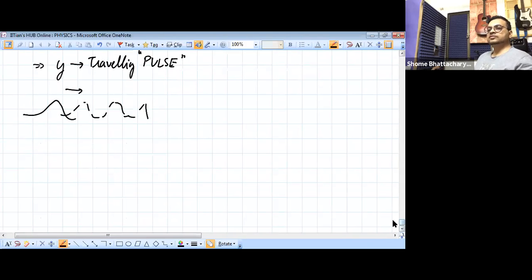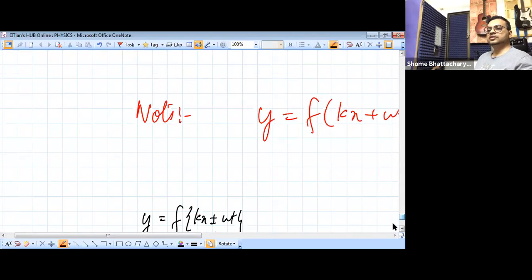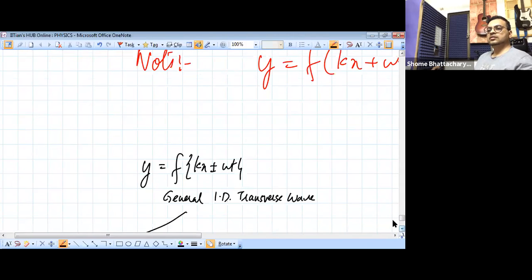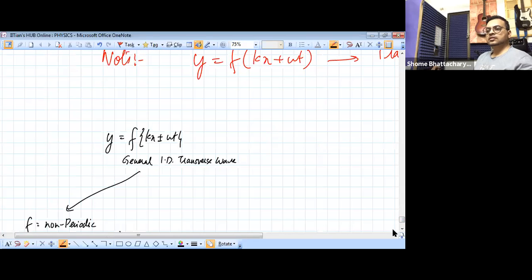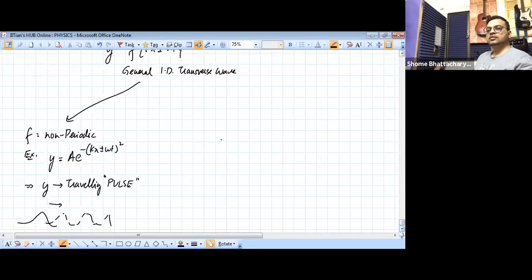Whereas on the other hand, if the function happens to be a periodic function, like this next example I'm going to demonstrate. For example, y could be some amplitude into sine square, for that matter, of kx minus omega t.